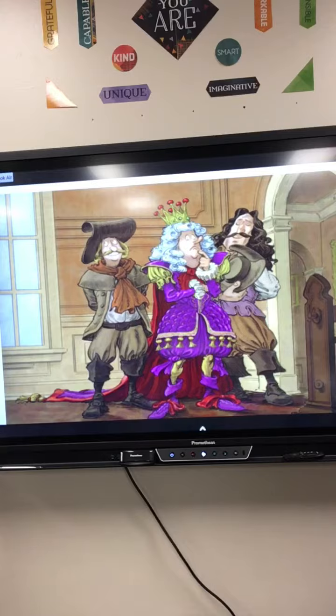Who's another character that we have met? The Prime Minister. Who are the other two characters, Connor? Starts with an S. Swindlers. The two swindlers.